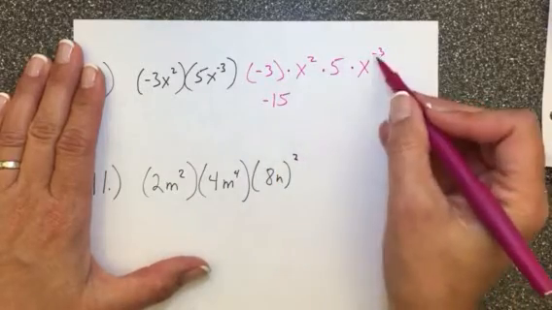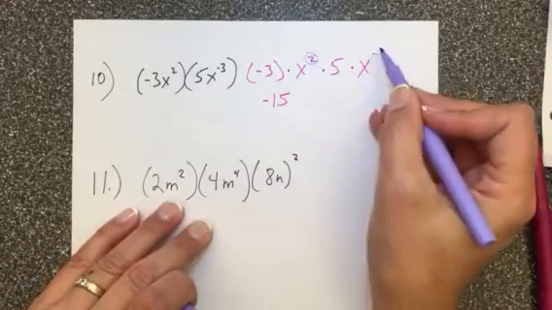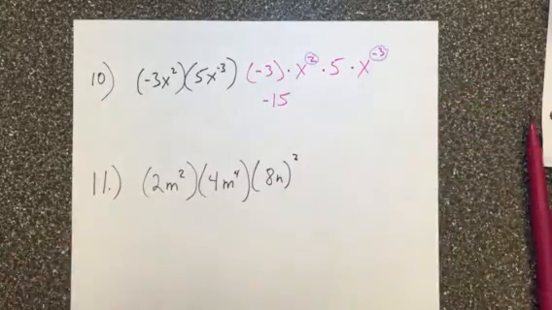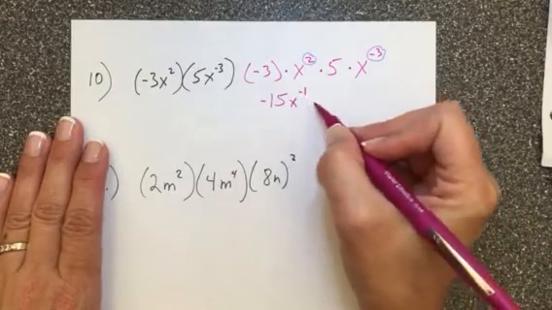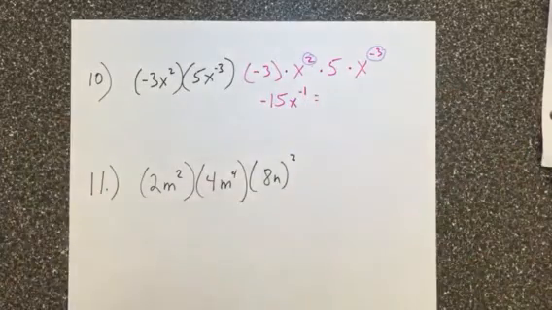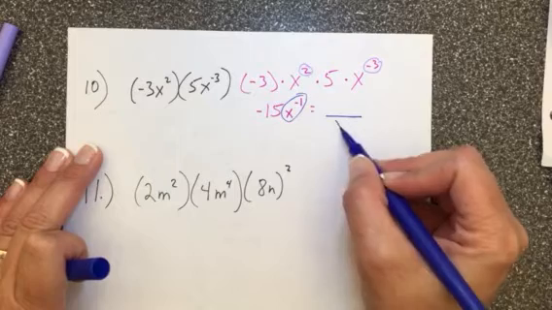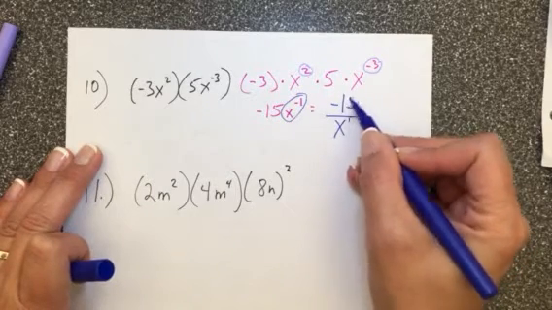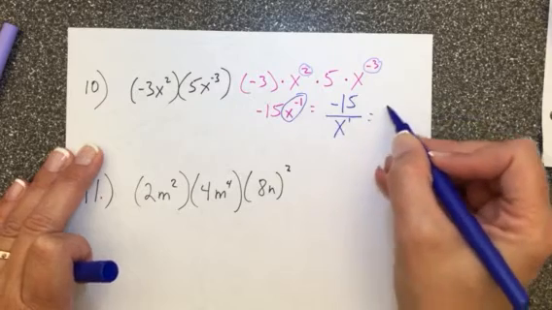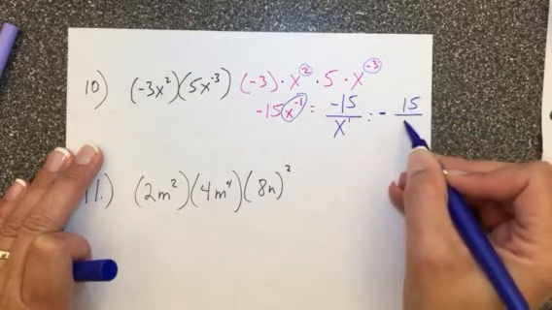And then I add my exponents here because I have multiplication. 2 minus 3 is negative 1. So x to the negative 1. But I can simplify that more by saying that this x is going to go under my division sign, x to the 1. So I have negative 15 over x to the 1, or negative 15 over x.